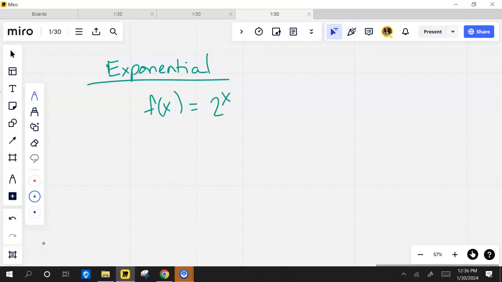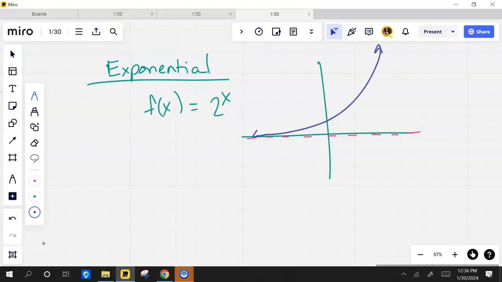An invisible boundary. The asymptote, it hugs it, it gets really, really close, but it never crosses or touches.